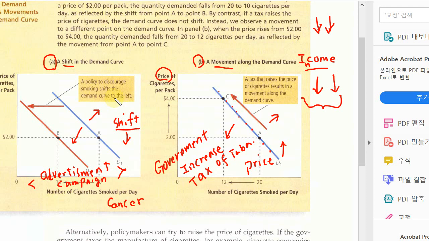And as income increases and decreases, the demand increases and decreases for the certain product. In this case, this product is called a normal good, normal goods.